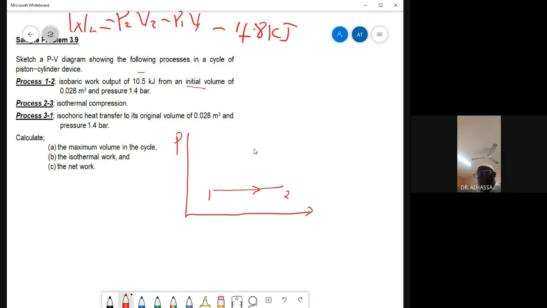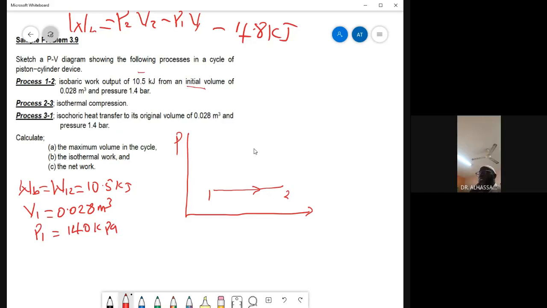So the boundary work for 1 to 2 equals 10.5 kilojoules. Similarly, V1 equals 0.028 meter cube and P1 equals 140 kilopascal.